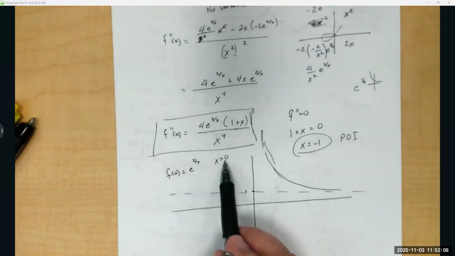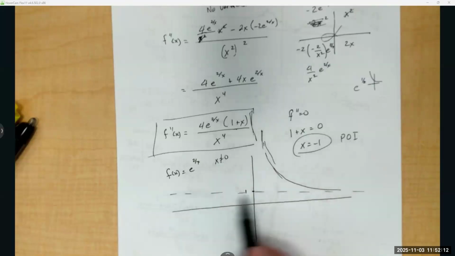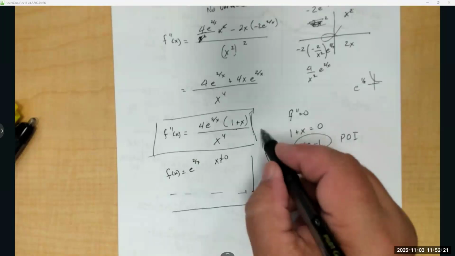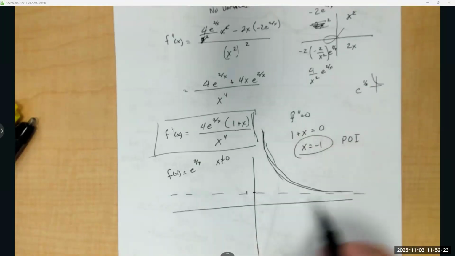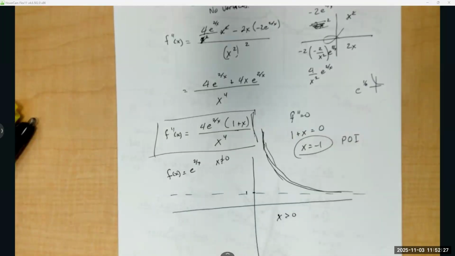So when x is equal to 0, it's at 1, so there's a horizontal asymptote. E can never be negative, so this is the first part here. This is the positive aspect. So when x is greater than 0, that's what the graph looks like.